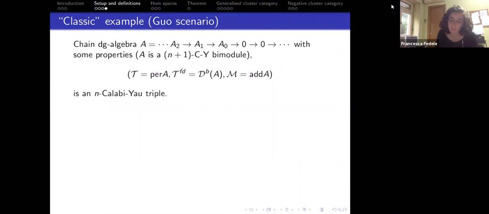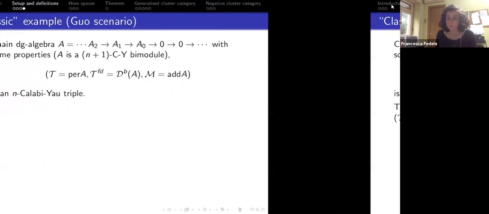And then if you take your triangulated category to be the perfect derived category, your triangulated subcategory to be the bounded derived category, and your silting subcategory to be add of A, then you get an n-Calabi-Yau triple. So you can recover their setup basically from this more general definition.